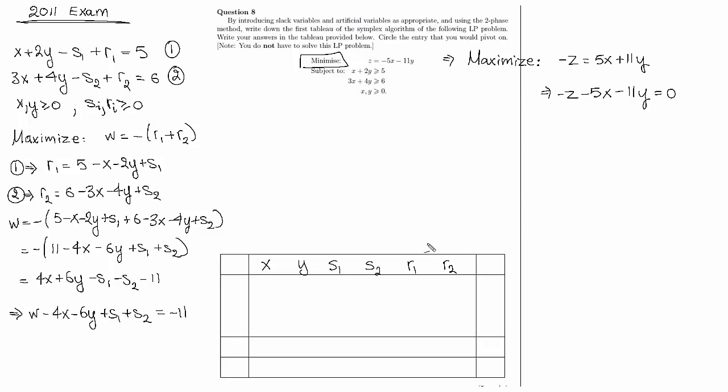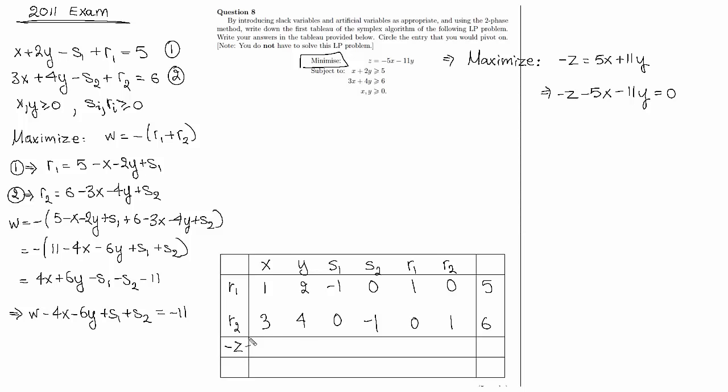So for the first constraint we get the coefficients 1, 2, minus 1, 0, 1, 0 and 5. And for the second one we have 3, 4, 0, minus 1, 0, 1 and 6. Here the basic variables at this stage are R1 and R2.